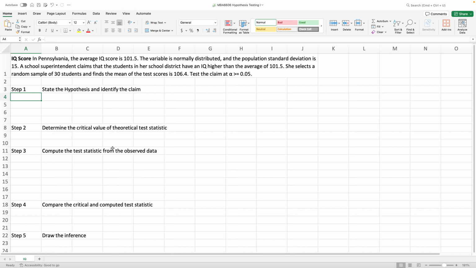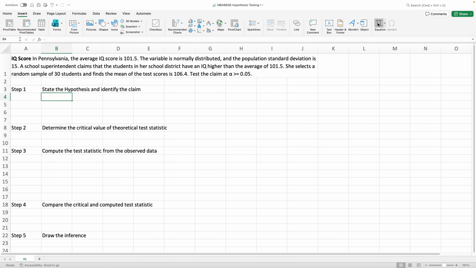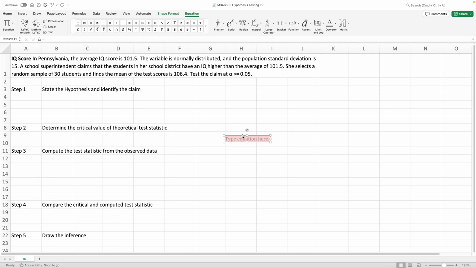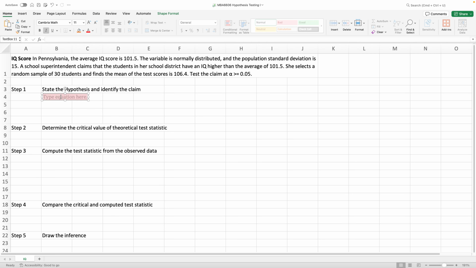So let's start with stating the hypothesis and identifying the claim. So the hypothesis is, let's put it here.